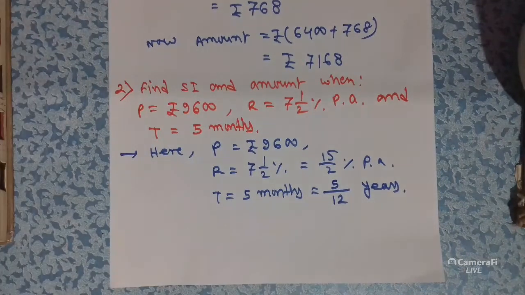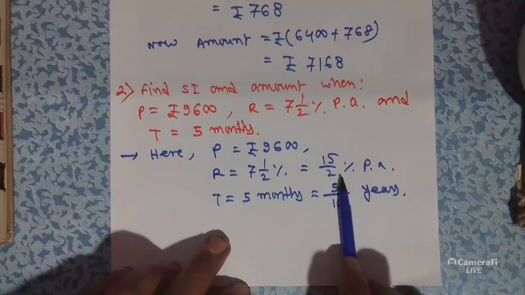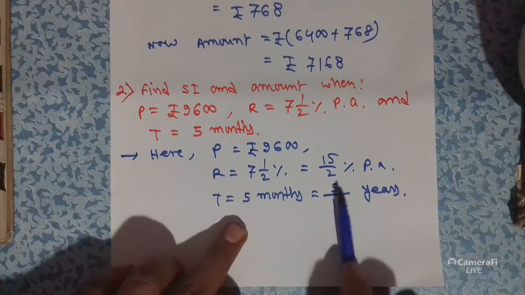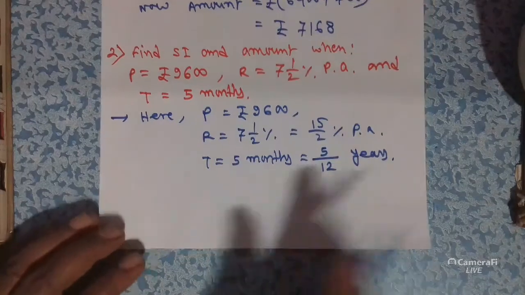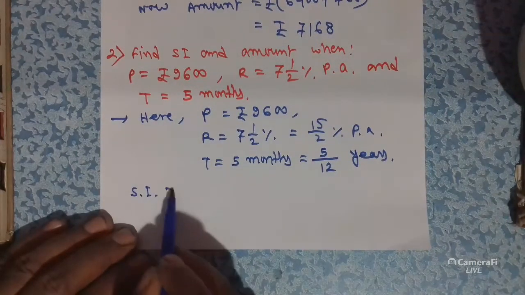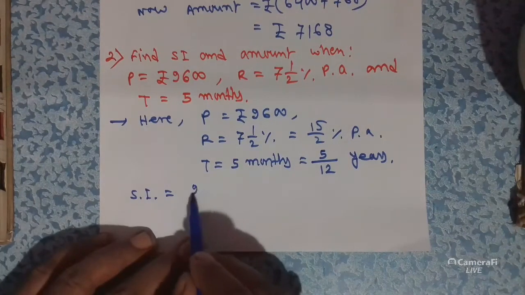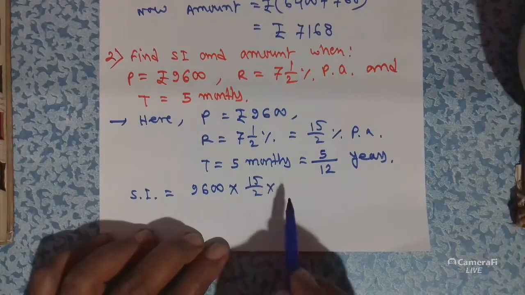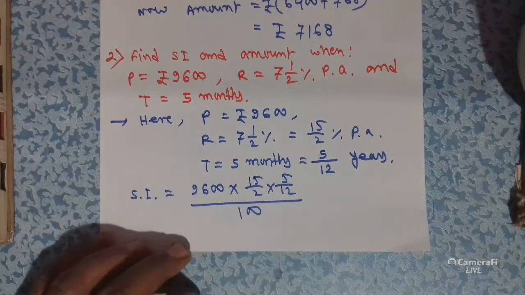Understood, students? At first the rate of interest is a mixed fraction, so we have to convert it into an improper fraction, and we have to change the months into years. So 5 months is equal to 5 by 12 years. Now simple interest is equal to P into R into T by 100, that is 9600, R 15 by 2 and time 5 by 12, by 100.